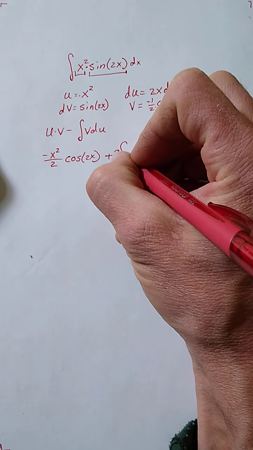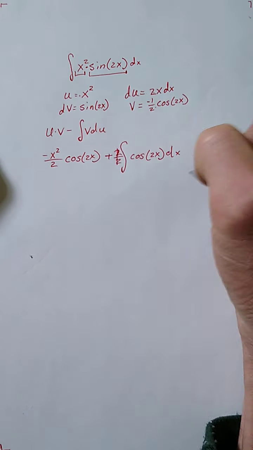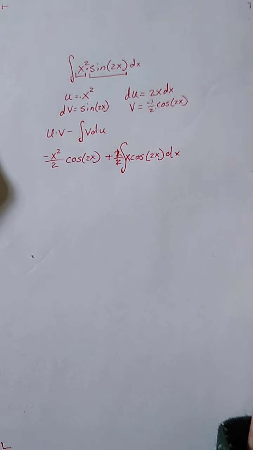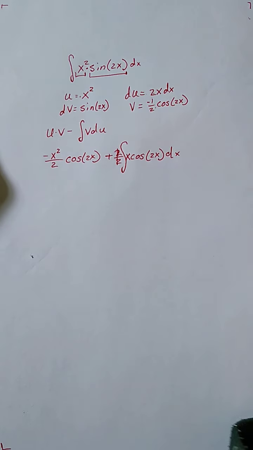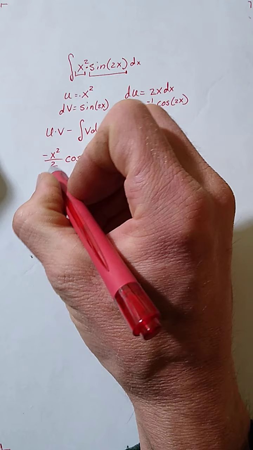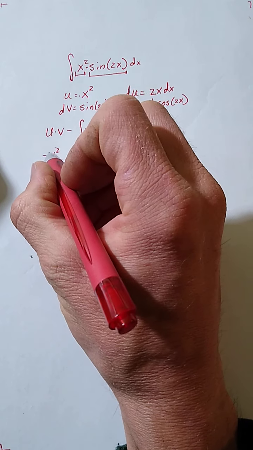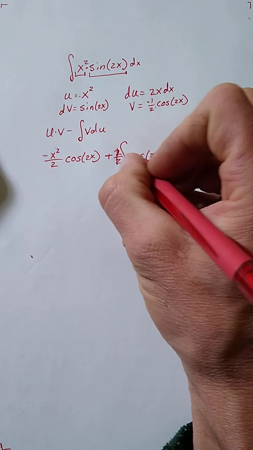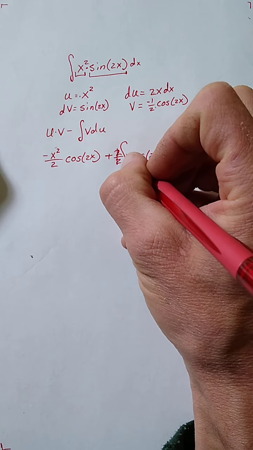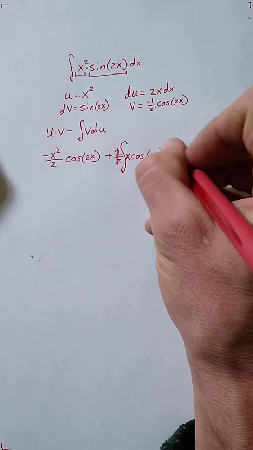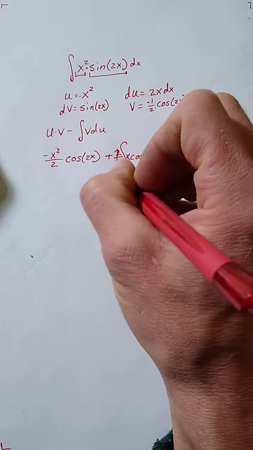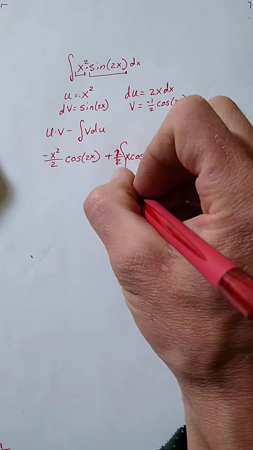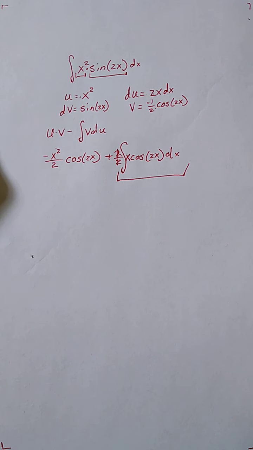I can bring that 2 out front. Those will cancel and give me a 1 and an x. So we have u v minus a negative here, the integral of v du. And I simplified, and then you would be expected to figure out what that integral was.